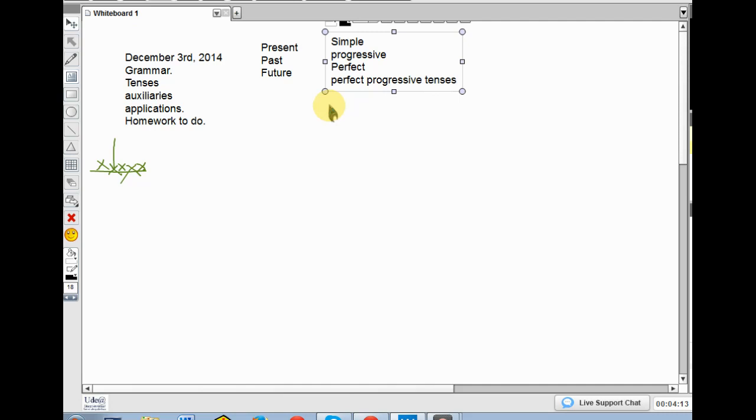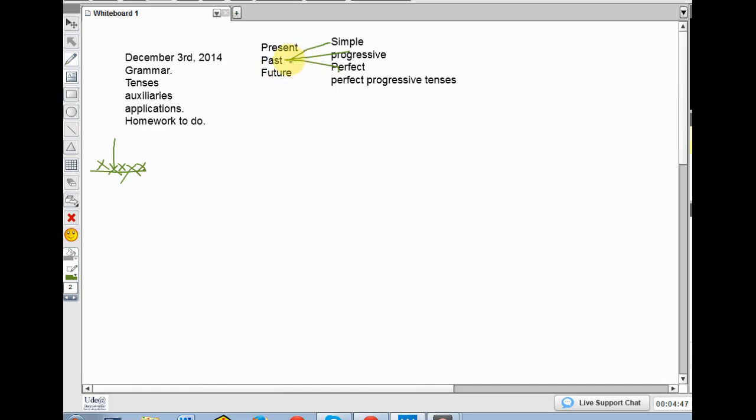Okay, so we have a total of how many tenses? If we have present simple, present progressive, past progressive, past perfect, past simple, and past perfect progressive.